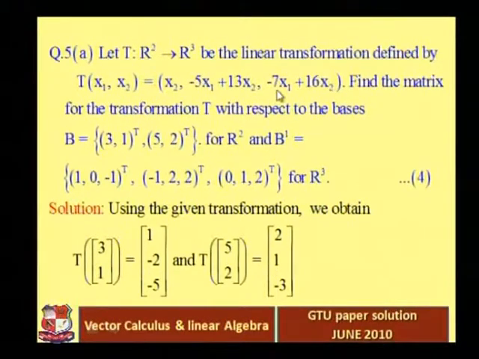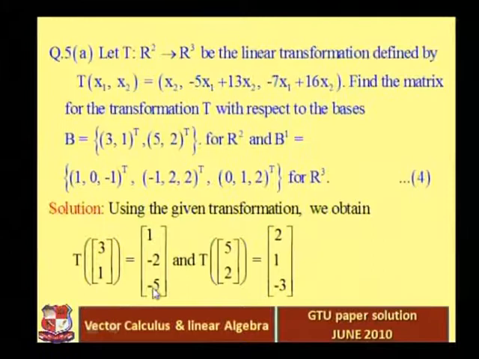And then minus 7 into 5, that is minus 35, plus 16 into 2, so 32, so minus 35 plus 32, so you will get minus 3. So now we have these two image vectors corresponding to the basis vectors for R2.